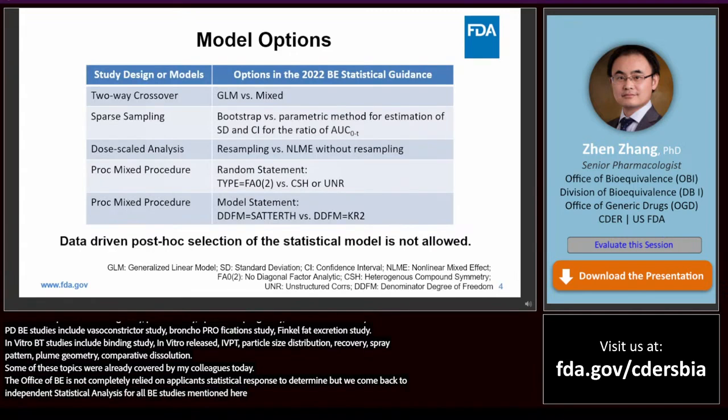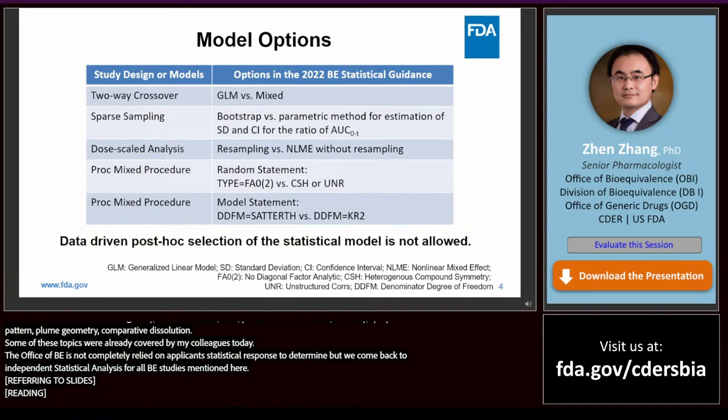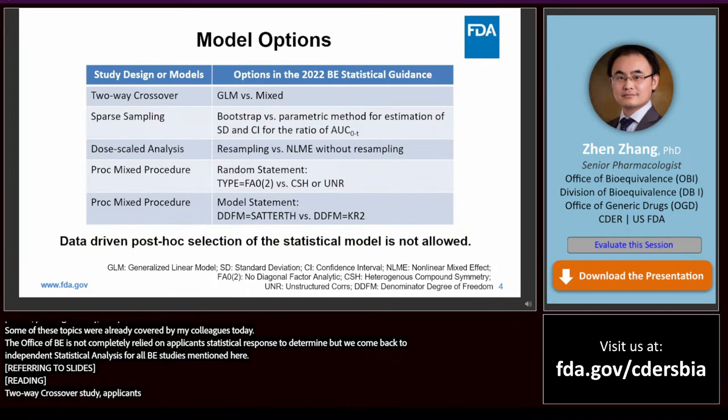The revised BE statistical guidance includes model options for applicants to choose. I list some examples here. In a two-way crossover study, applicants can use a general linear model, GLM, or mixed model to conduct statistical analysis.